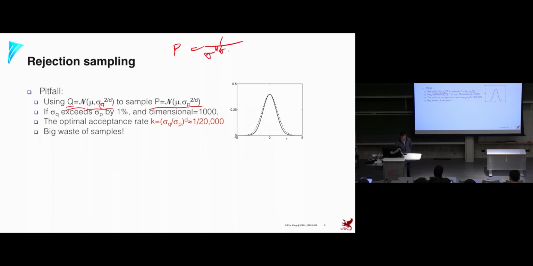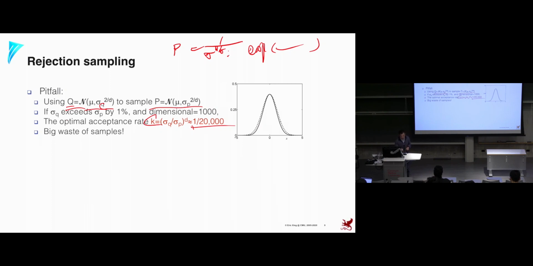And it turns out that even for such a tiny, very slightly different target and proposal, the K turns out to be 1 over 20K. That means a huge shaded space exists to reject the samples.